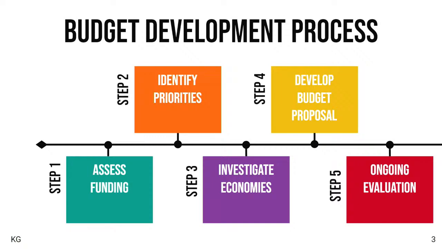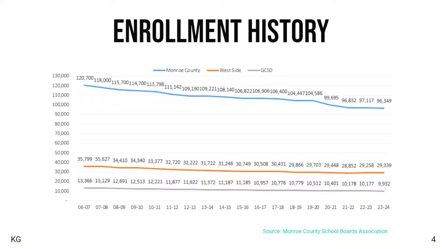So every year we follow this same pattern, starting with assessing funding right through ongoing evaluation, and we do it very intentionally. Before I get into the process pieces, there are a couple of slides that are important to give some bigger, broader context. They're not embedded in any one step of the process, but they're a backdrop that's important to consider as we develop a budget.